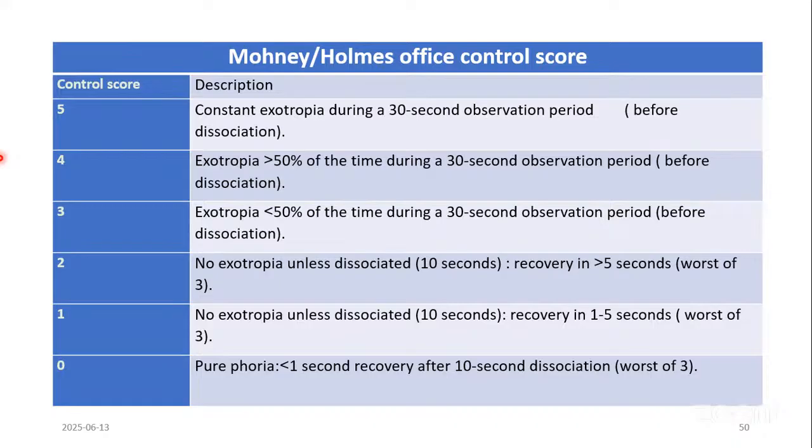Occlusion of the good eye. Amblyopia therapy can be done if the patient has amblyopia in one of the eyes. Some doctors will also do alternate patching as an anti-suppression exercise, and it will help in having better control.